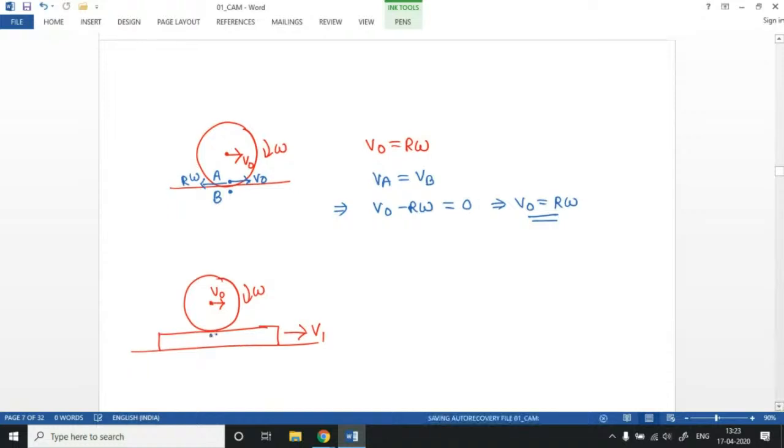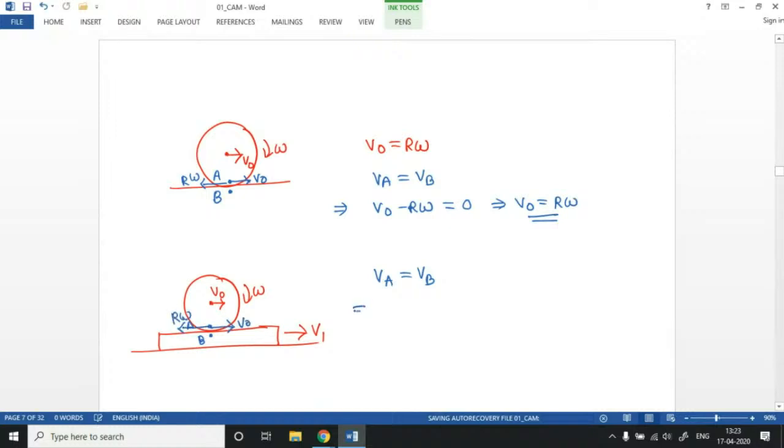So this is looking at this thing a little bit differently, and we can apply the same logic over here. So let's say this point is B over here, and this point is A over here. So for no slipping at the point of contact, that is for pure rolling, VA got to be equal to VB, and for VA, let's say this is V naught and this is R omega.